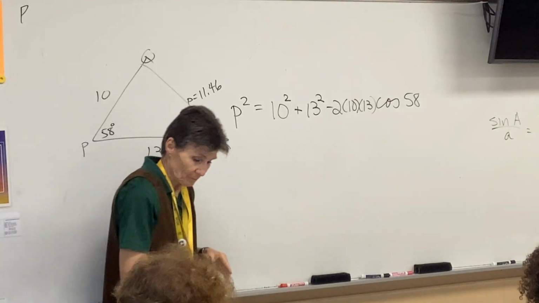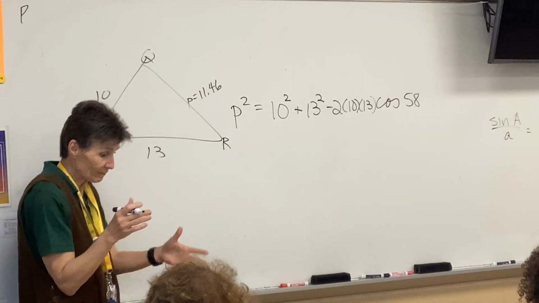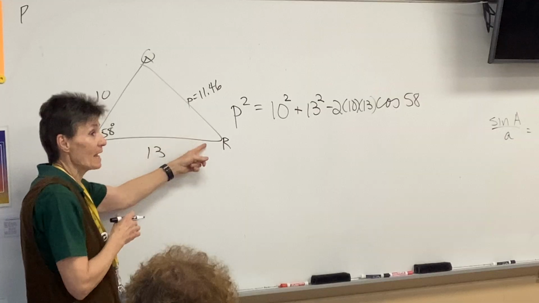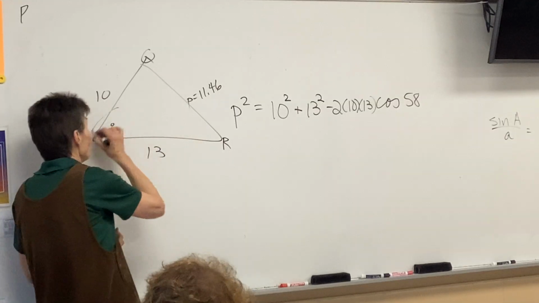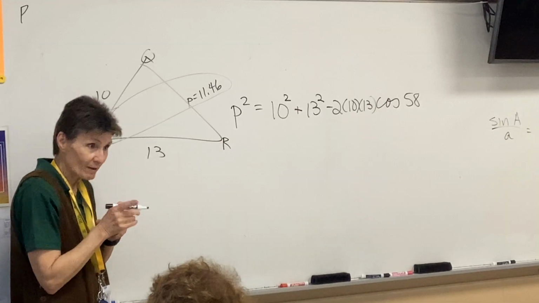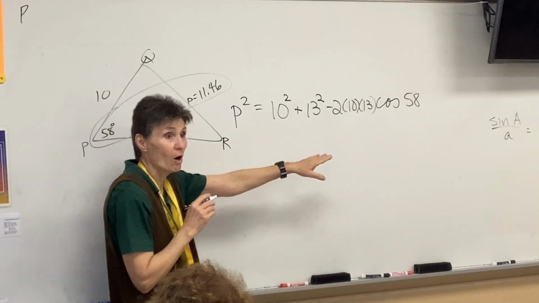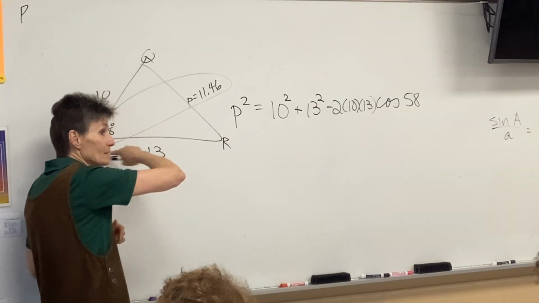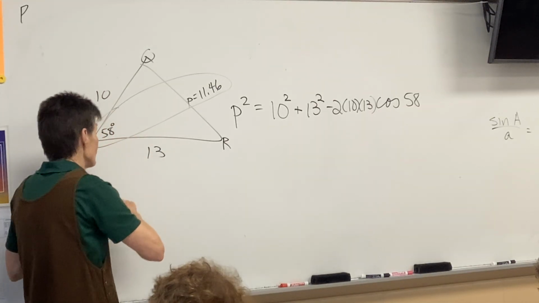Now, we're not done. We got to find that side P, so I got that. And now I need to find my angles. But look at what you have now. Now you have a pair, so now we can use our law of sines. Whenever you have that relationship, you can use your law of sines.